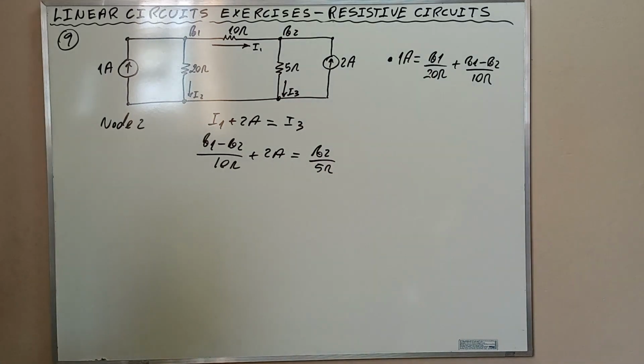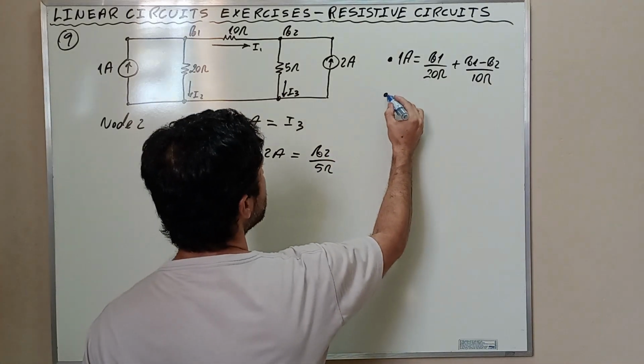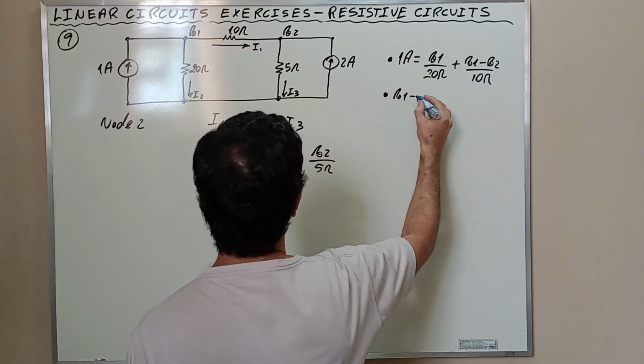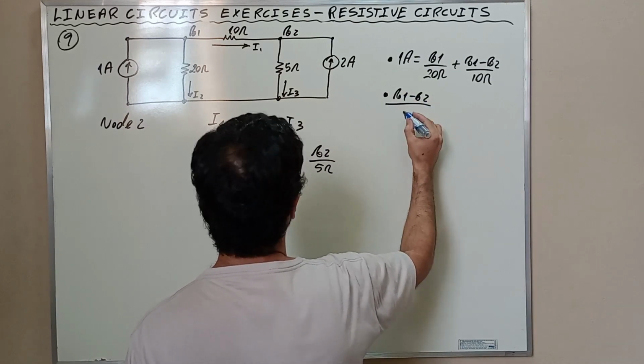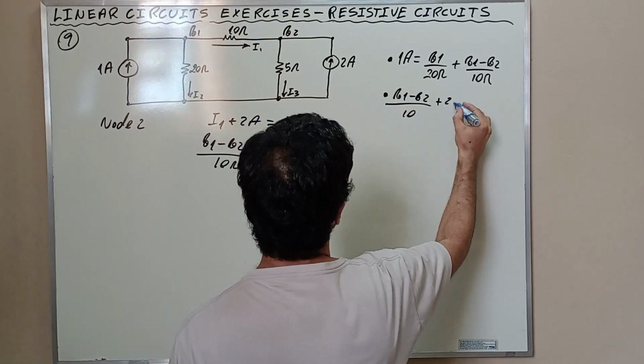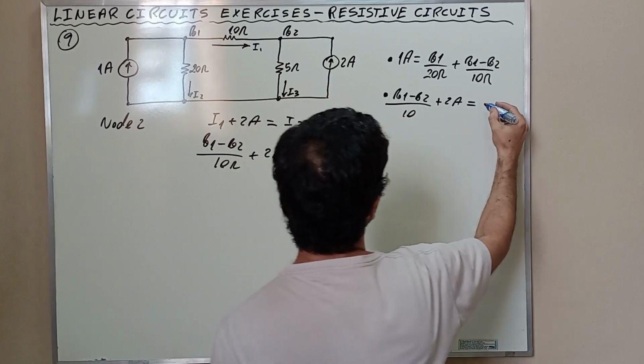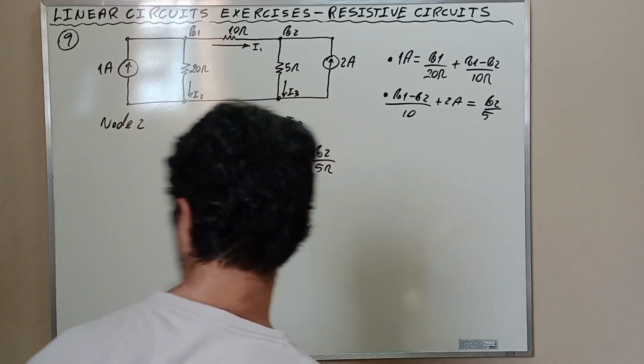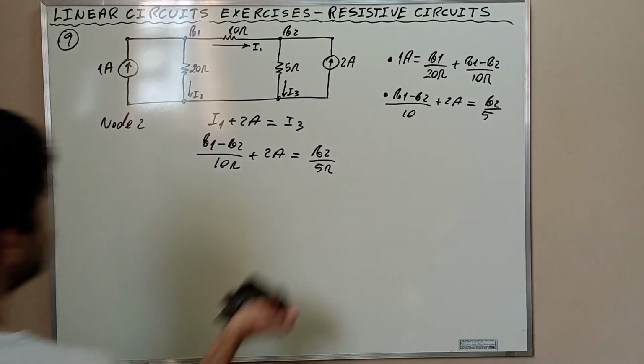Okay, my friends? This is the expression for node 2. We are going to store it here because we are going to need space. It is V1 minus V2 divided by 10 plus 2 amps, which is equal to V2 divided by 5. Alright, this is the expression for node 2.